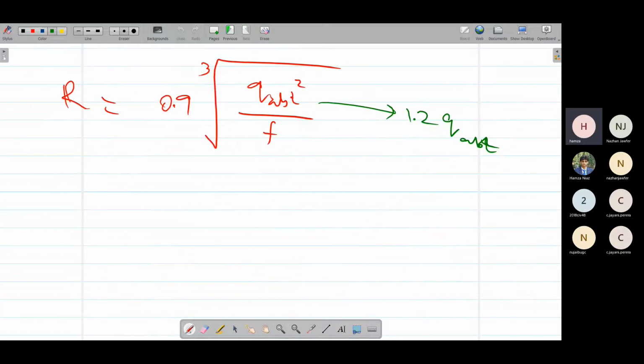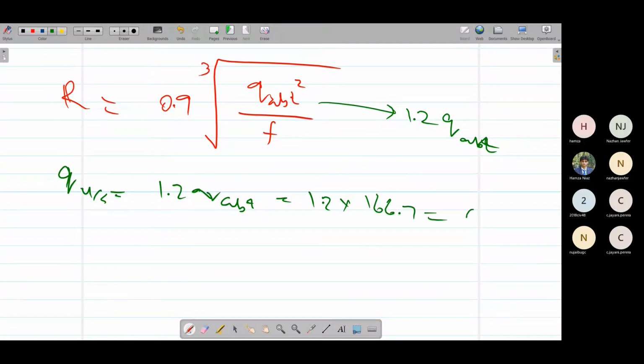So we'll assume that approximately 20% more water would pass through. So Q undersluices we can calculate as 1.2 times Q abutment, 166.7. So that would be around 200 CFS per foot. So this is the undersluice discharge value.